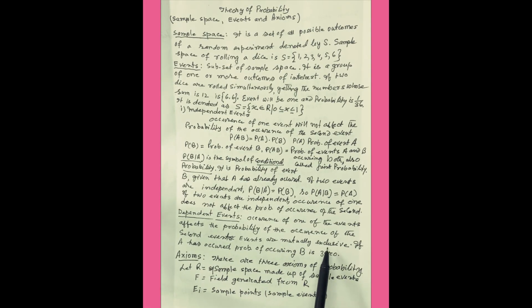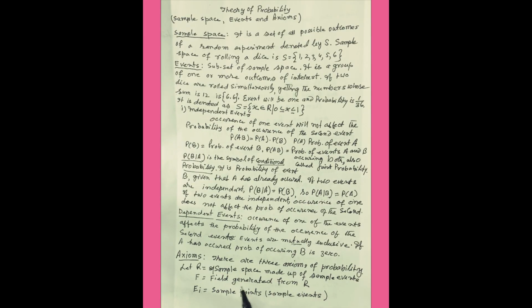Then events can be mutually exclusive. So in this case, it is called mutually exclusive cases. If A has occurred, the probability of occurring B is 0.